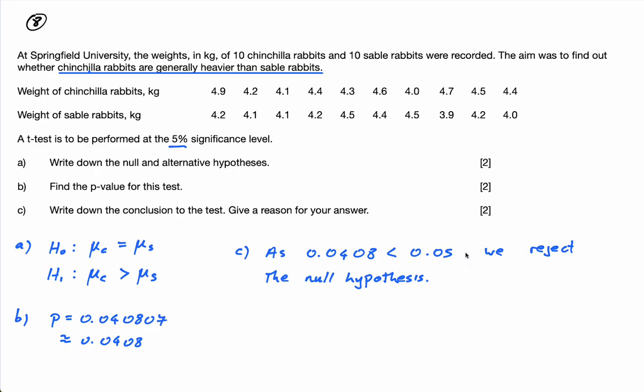That's enough for your 2 marks, to be honest, because that's your reason, that the p-value is smaller than 0.05, and rejecting the null hypothesis is the conclusion of the test.